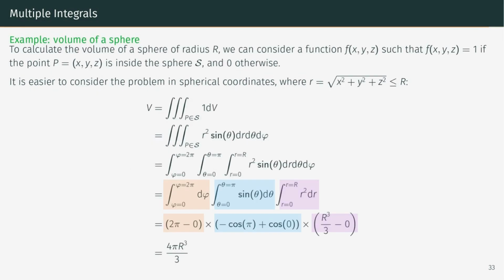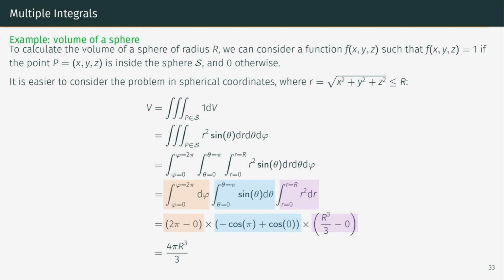Let's consider an example looking at the volume of a sphere. To calculate the volume of a sphere of radius r, we can consider a function f of x, y, z such that f of x, y, z equals 1 if the point P equals (x, y, z) is inside the sphere S and 0 otherwise.